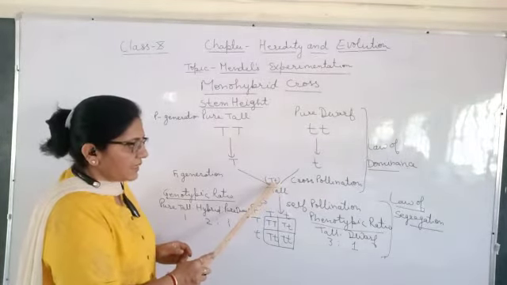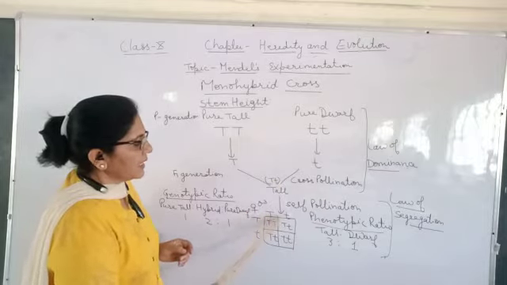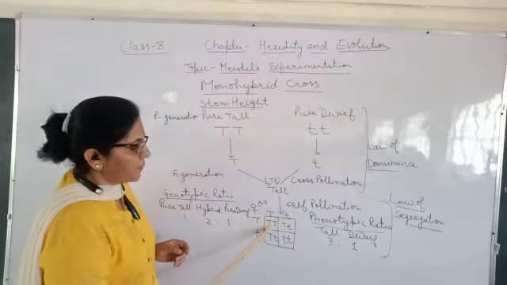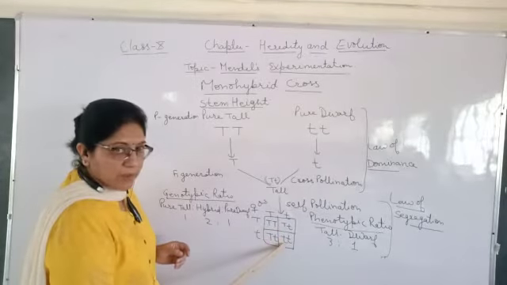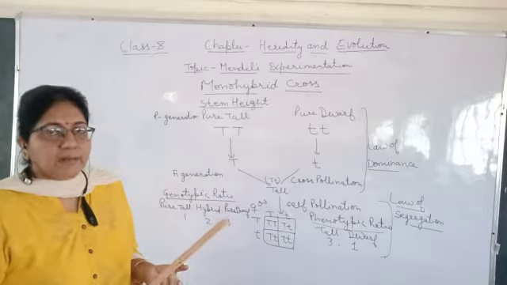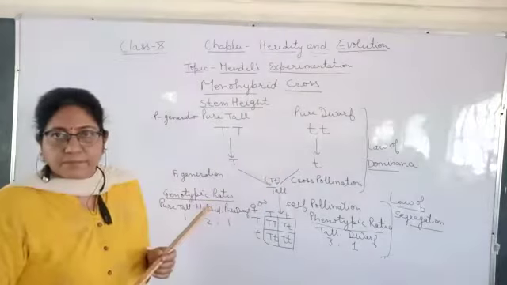And this capital T and small t, during gamete formation, get separated. And then they fuse to form pure tall, then hybrid, and the pure dwarf as that of the parent plant. So the conclusion comes, and the observation shows from where this dwarf plant comes.